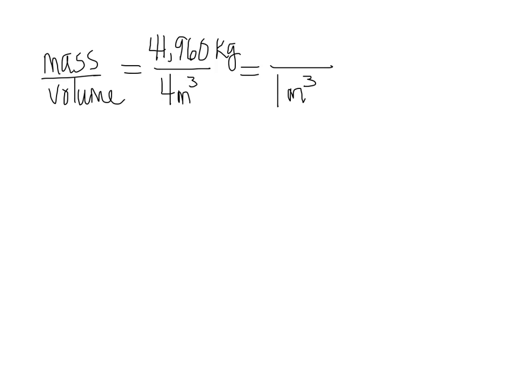Now we can use cross multiplication. You know that 41,960 times 1 is 41,960. And then you're going to divide it by 4. Okay, you can do this on your calculator. You would find that it would come out to be 10,490 kilograms.